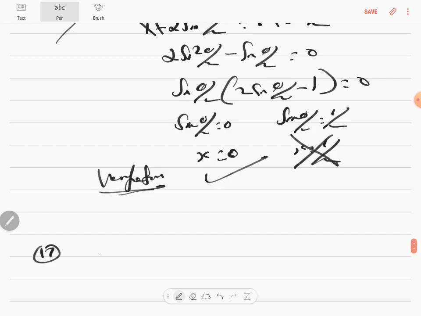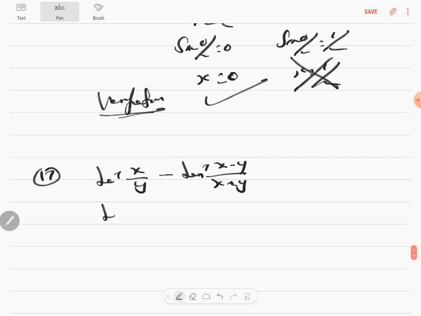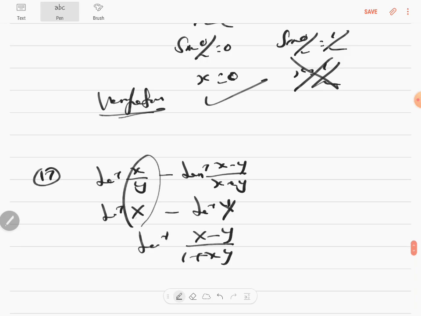Then the 17th question is tan inverse of x by y minus tan inverse of (x minus y) by (x plus y). Okay, this is like tan inverse of x minus tan inverse of y, which is tan inverse of (x minus y) by (1 plus xy). Consider this whole thing as x, this whole thing as y, and substitute.